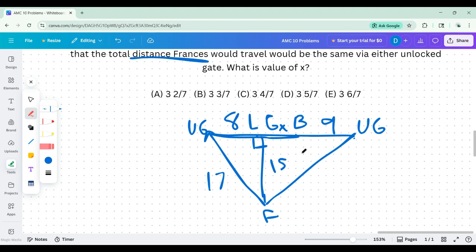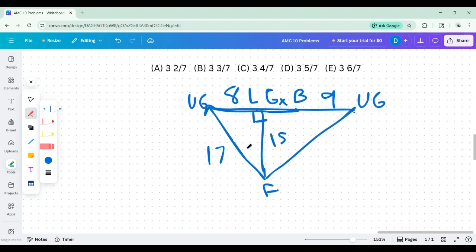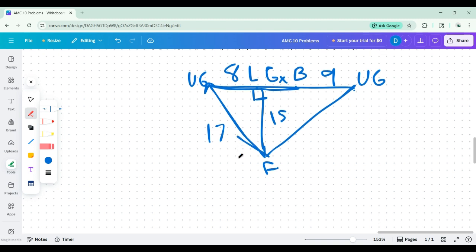We don't know anything further from this, but we can already solve for x. The reason why is because if Francis went the left route, Francis would travel 17 plus 8 plus x.